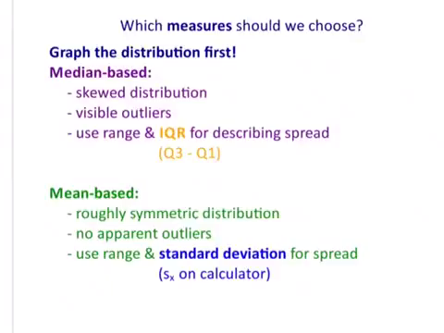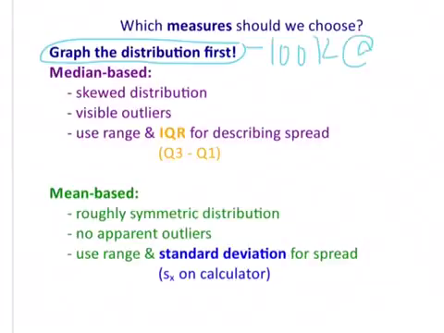So which measure should we choose? If I'm looking at a data set, how do I know whether I should use the median or the mean? The first thing we do is graph the distribution. You always want to graph it or look at the 5-number summary first.